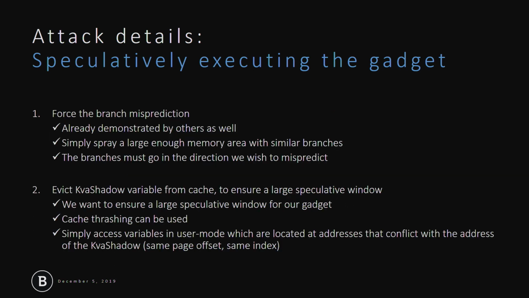We won't go into the details of these, because they have already been demonstrated by Jann Horn, by all those smart guys who pioneered the side-channel stuff. Basically, you could force the branch misprediction by simply executing similar branches with the opposite outcome of what you want. You could evict the KVA shadow by trashing the cache. There are several ways. We don't go into the details of it.